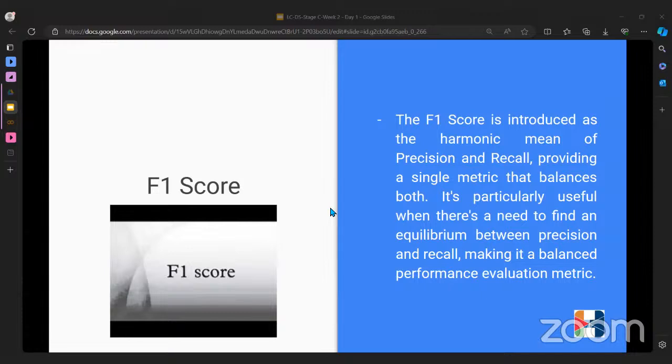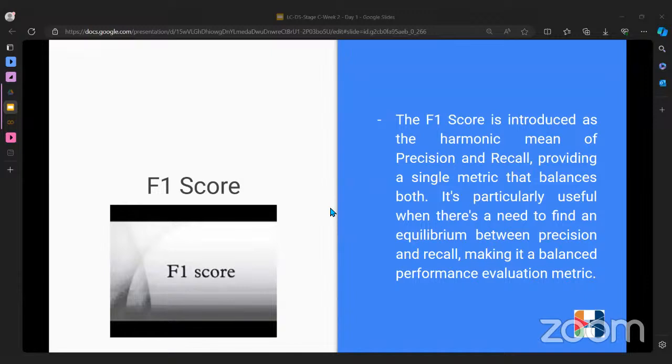We would use it, for example, in a fraud detection system, which could be related to banking, the finance industry, right? Where both the identification of fraudulent transactions, that's recall, and the accuracy of these identifications, how accurate they are, are equally important.